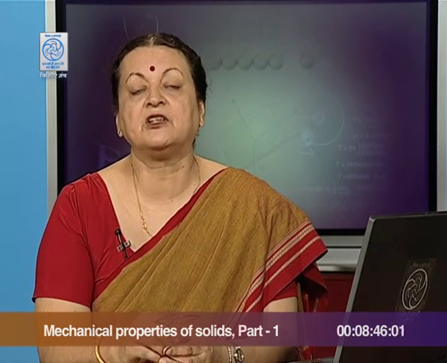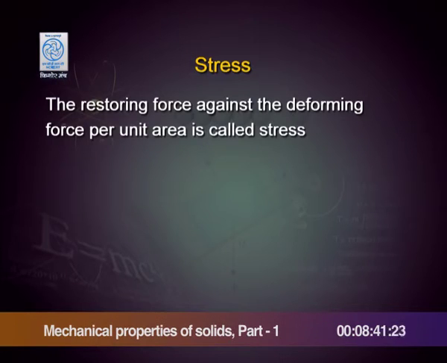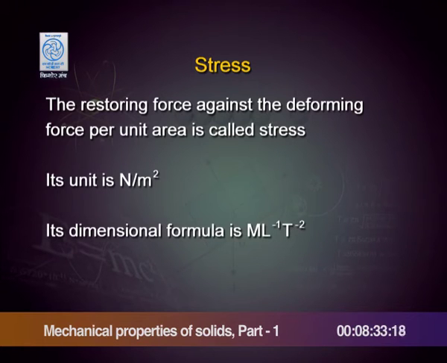Now, the measure of this restoring force is given in terms of stress, and we say it is the restoring force per unit area. Therefore, its unit would be Newton per meter square, and its dimensional formula would be M L^-1 T^-2.